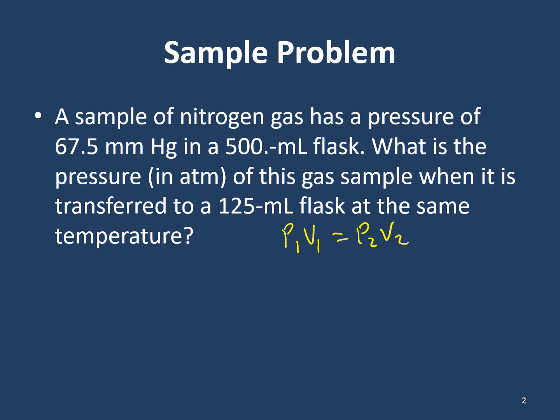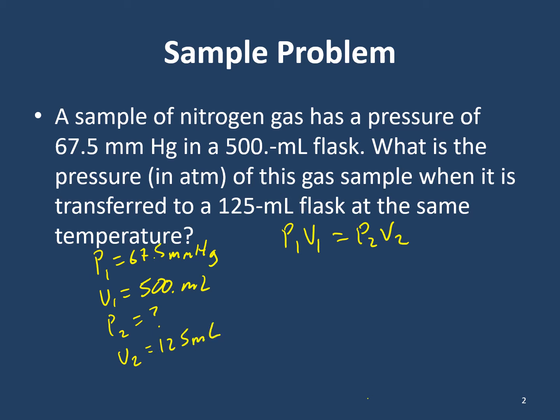Now, it doesn't matter what units we plug in here. However, we do know that P1 is going to be our initial condition of pressure, so 67.5 millimeters mercury. V1 is our initial volume, which we're told is 500 milliliters. P2 is what we're being asked to solve for, and V2 is 125 milliliters.